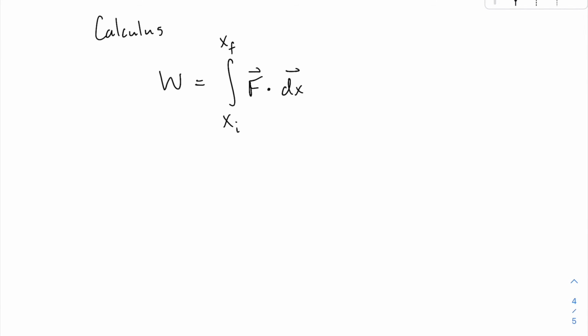And what we're going to do here is go ahead and write this out in terms of our spring force. So this is the integral from x initial to x final of spring force times dx times the cosine of theta, where theta is the angle between the spring force and dx.